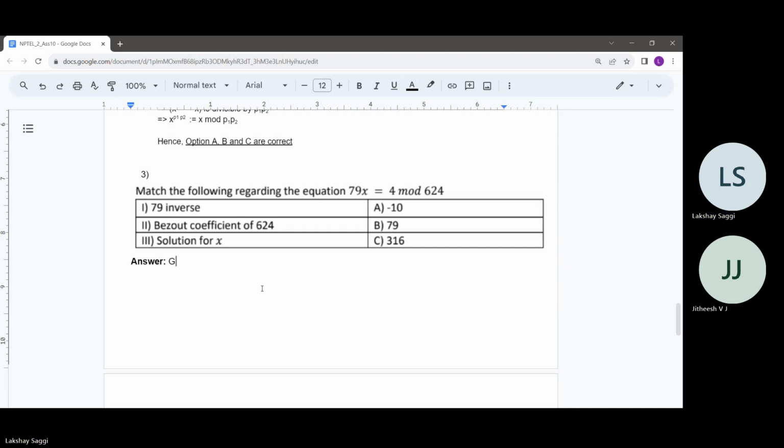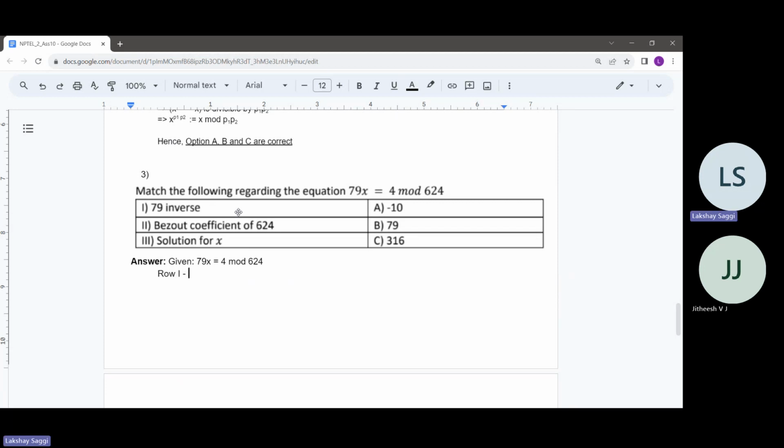So we are given that 79x is equal to 4 mod 624, and we need to find the value of x. We also need to find 79 inverse.